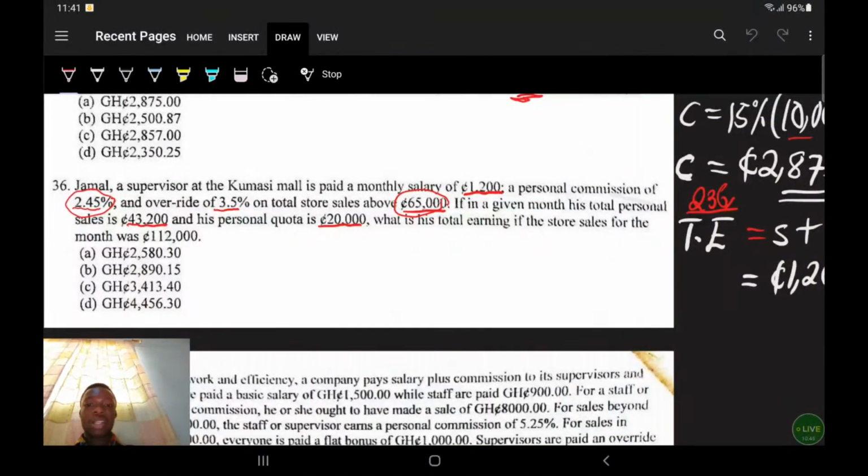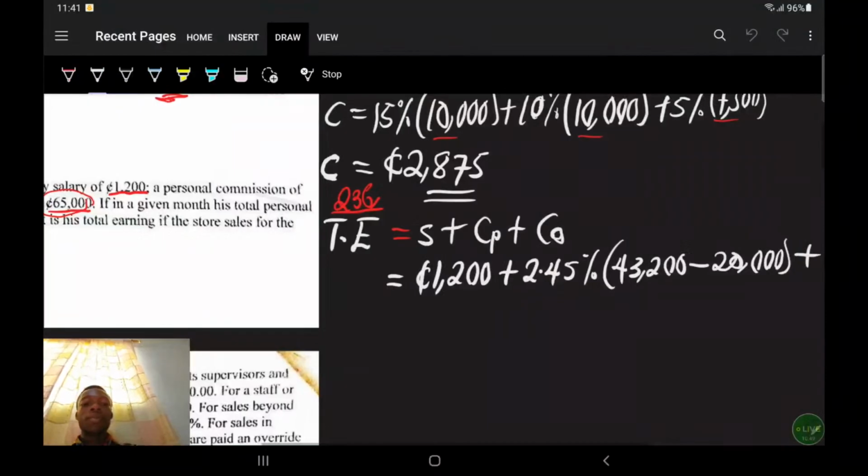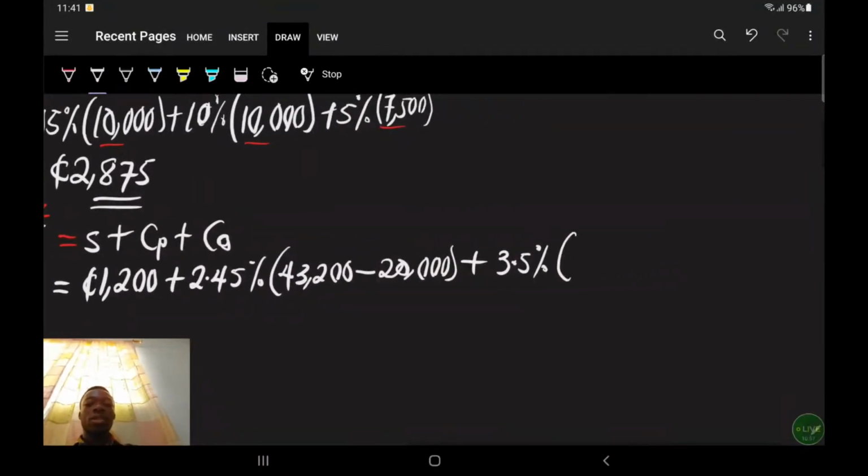So it's going to be 3.5% times, in brackets, 112,000 minus the store quota of 65,000. I hope that is clear.